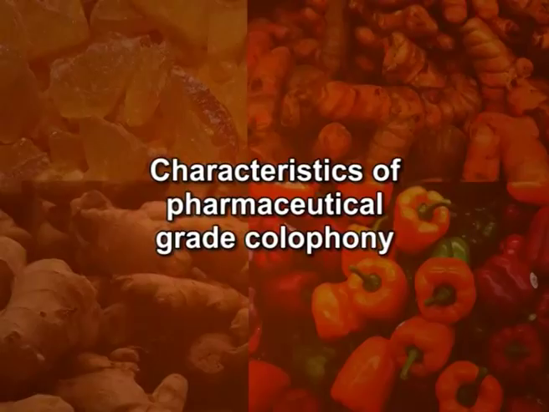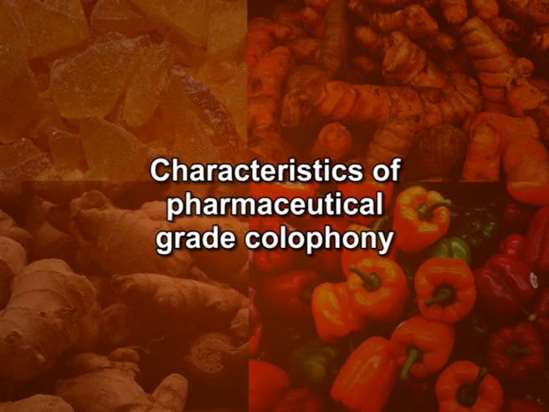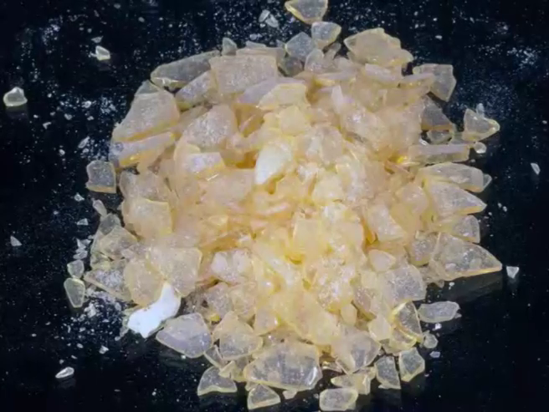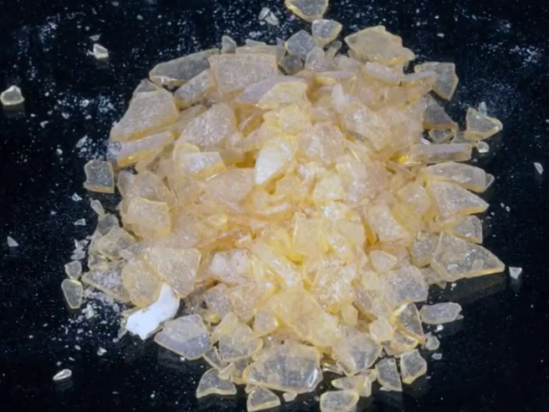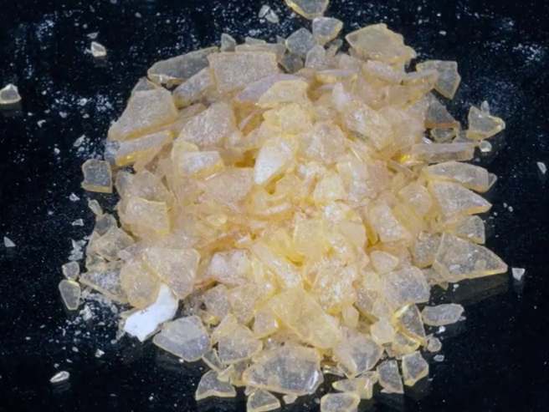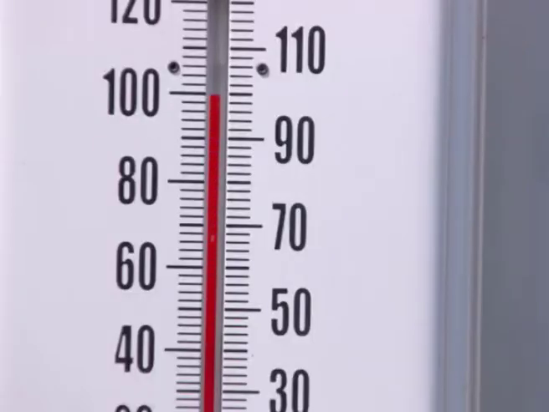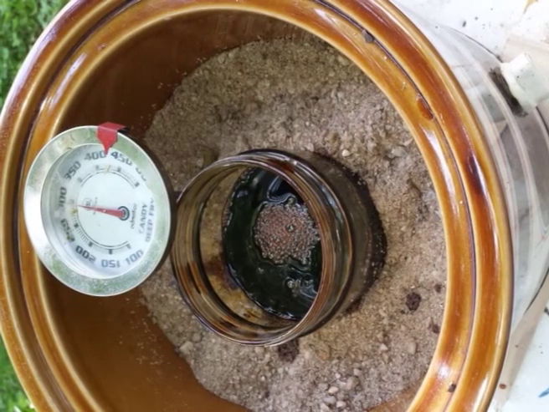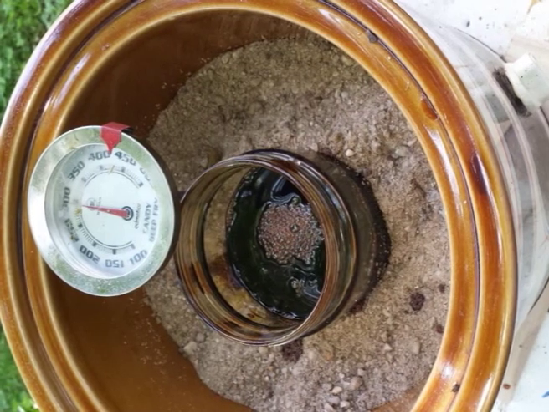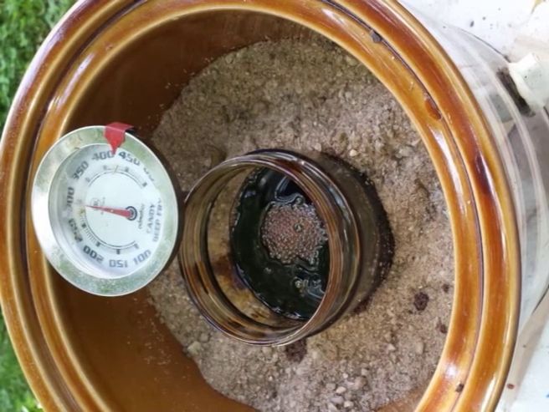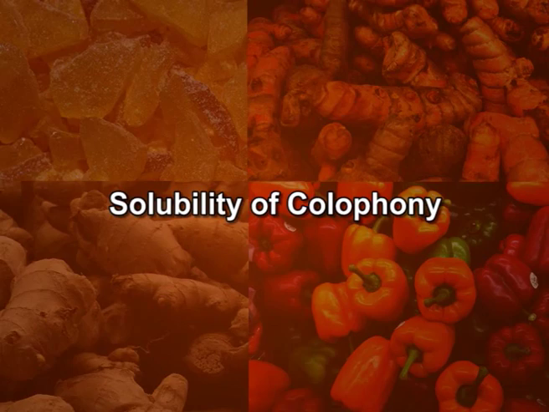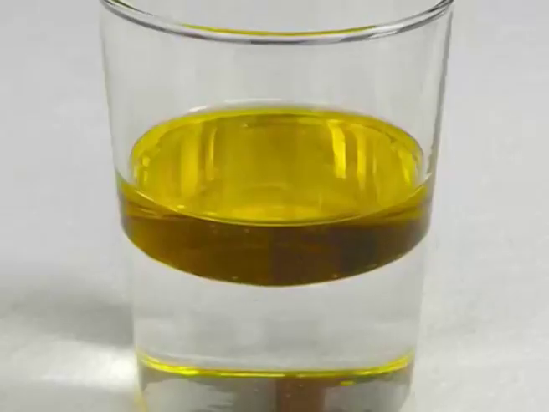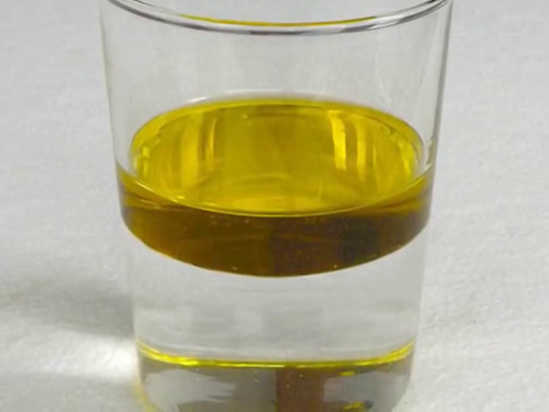Coming to the characteristics of pharmaceutical grade colophony, it is a pale yellow, brittle mass which fuses at 100 degrees centigrade. However, when heated to a higher temperature, it burns with a smoky flame and leaves about 0.1% of ash. Coming to the solubility, colophony is insoluble in water.